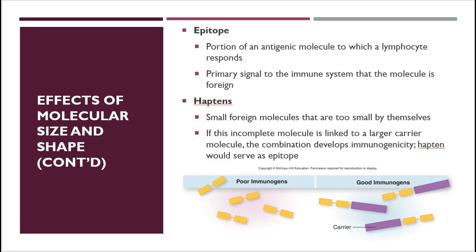A hapten is a foreign molecule that is too small to stimulate the immune system by itself. So these molecules are typically linked to other carrier molecules to increase their immunogenicity and their ability to initiate an immune response.